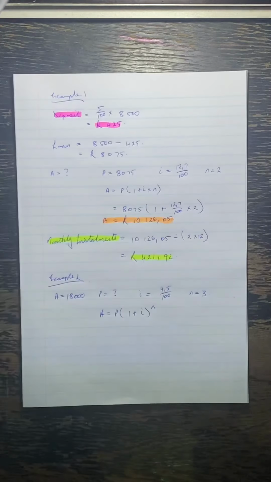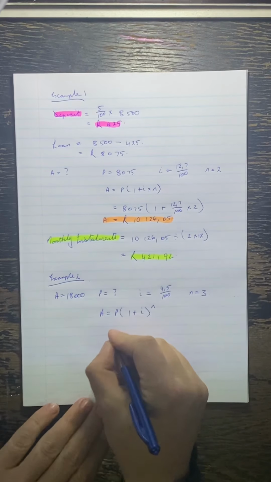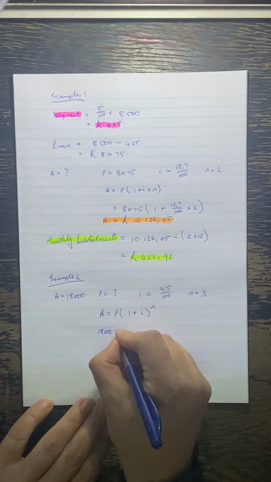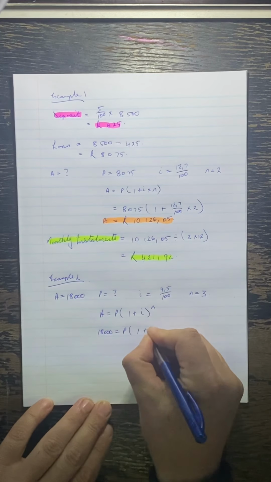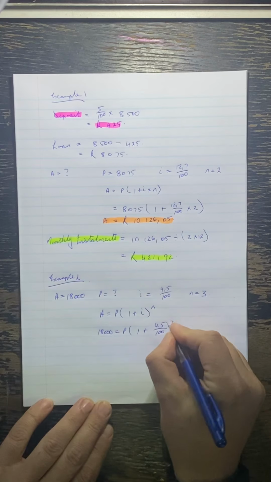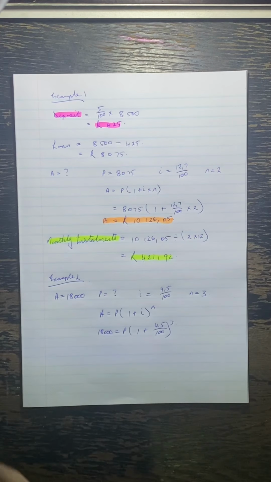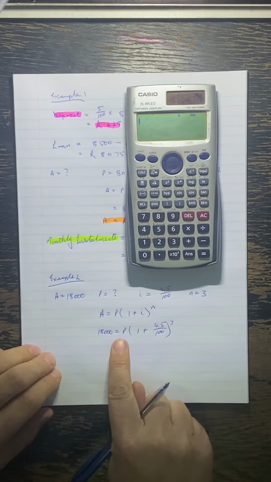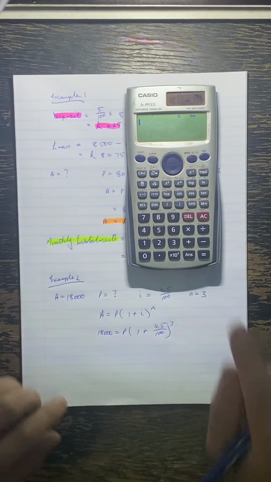Now I can just substitute everything into the formula, and we get 18,000 equals P(1 plus 4.5 over 100) to the power of 3. Now, grade 11s, with a question like this, how I would do it on the calculator is I would work out what this bit is here because we want to find out what P is.